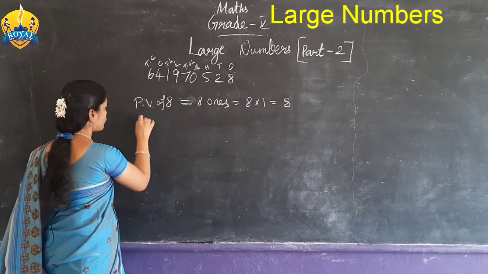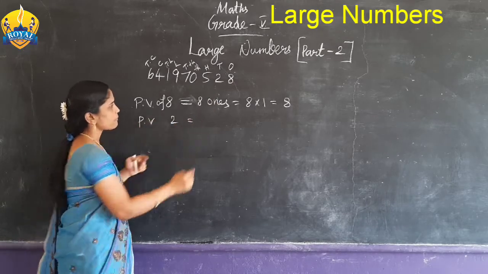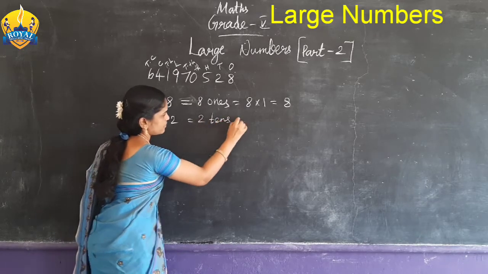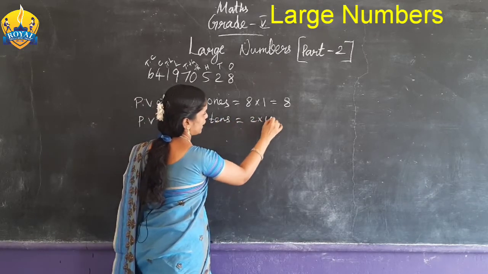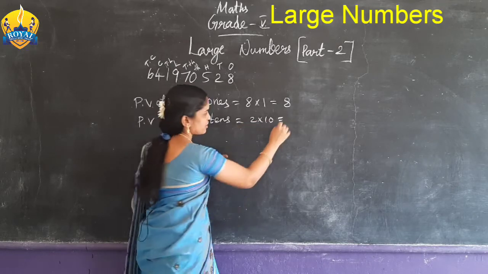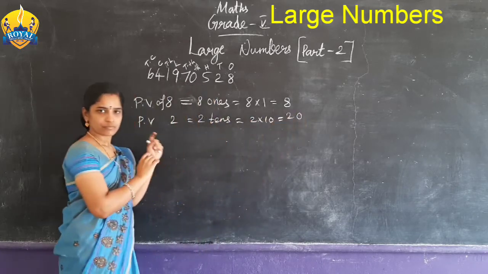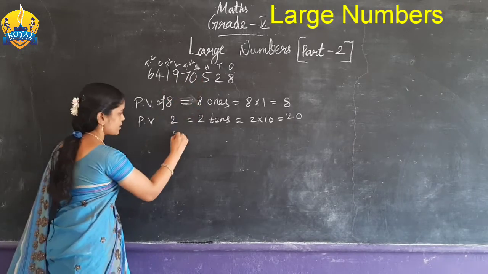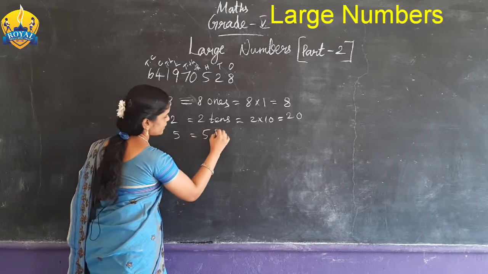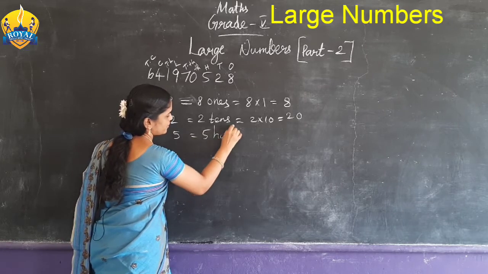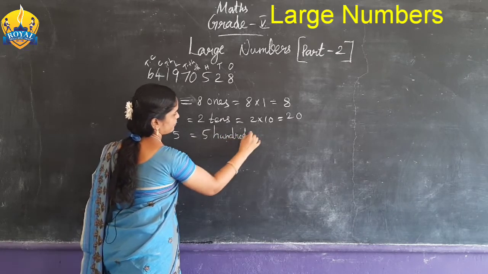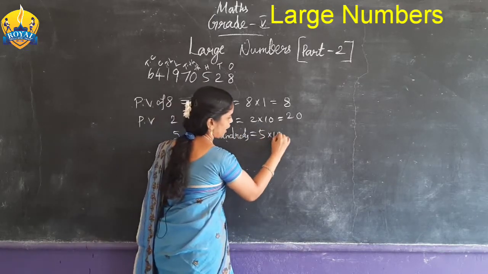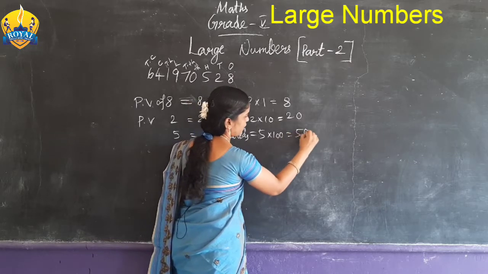The place value of 2 is 2 tens. So 2 tens is 2 into 10, we get 20. The next one, 5. The place value of 5 is 5 hundreds. So 5 into 100 we get 500.